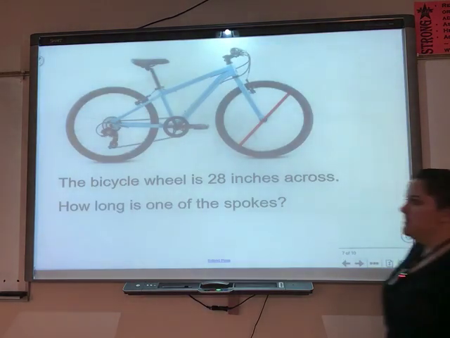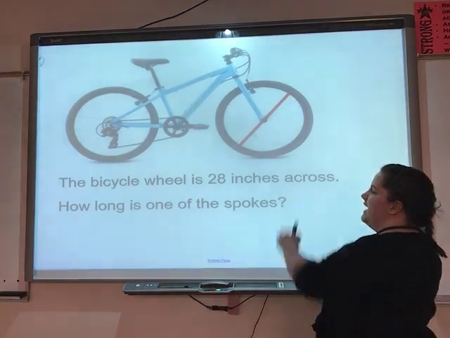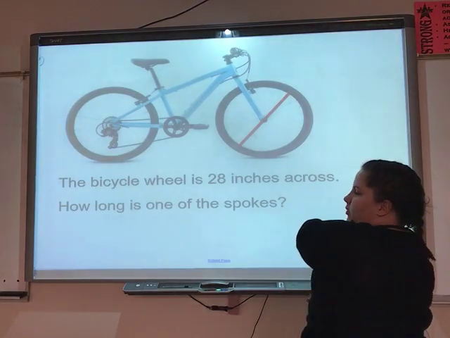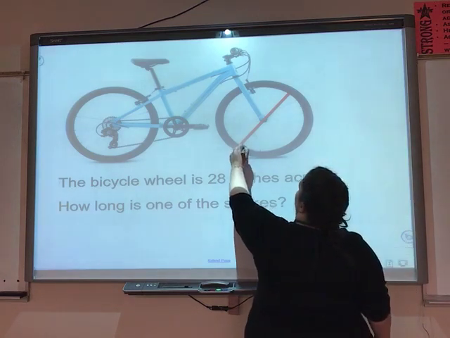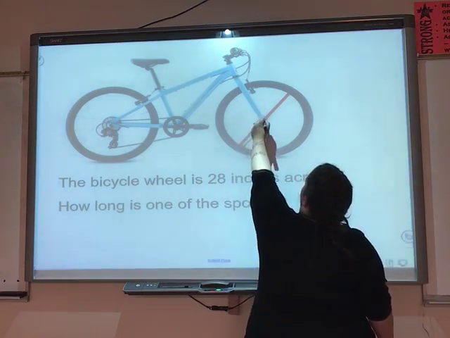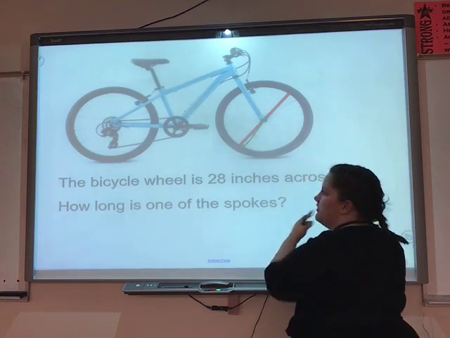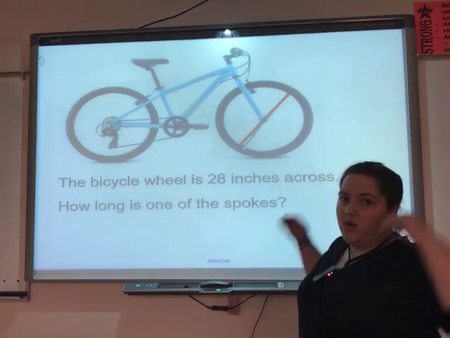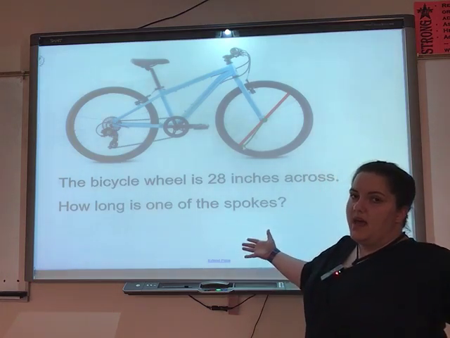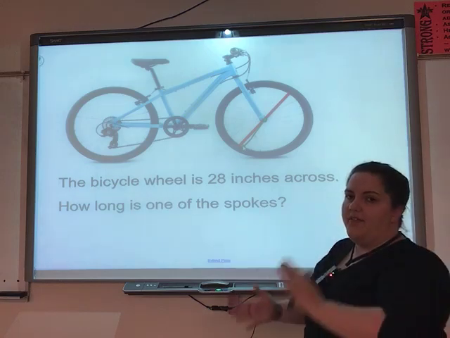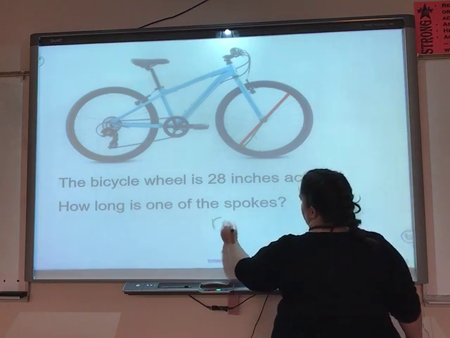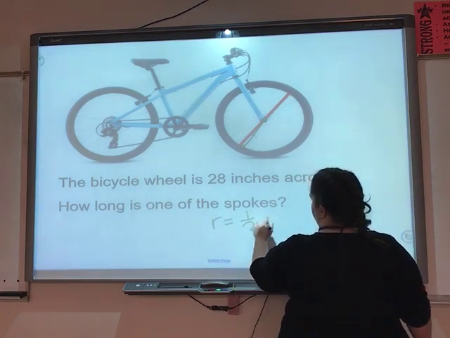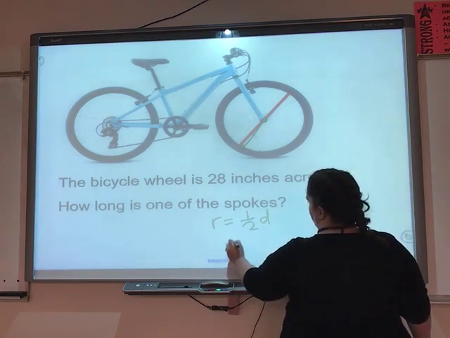Now looking at the bicycle wheel, we know it's 28 inches all the way across. We want to know how long is one of the spokes. The spokes are like this part coming up to the center. So this means that we have the diameter, all the way across, and we want to figure out half of the diameter, which is the radius. So radius is 1/2 times the diameter.